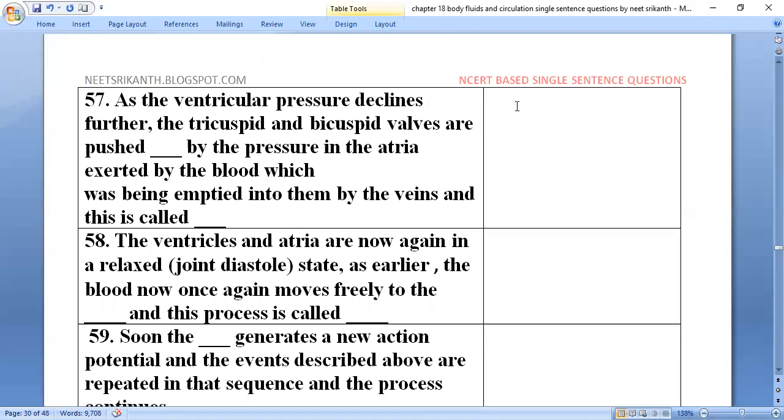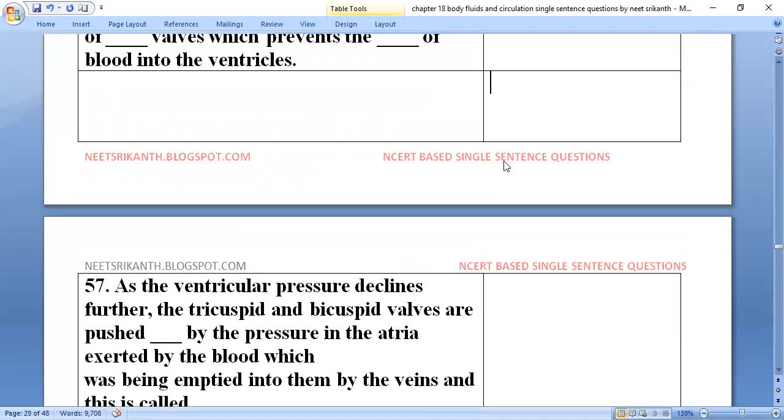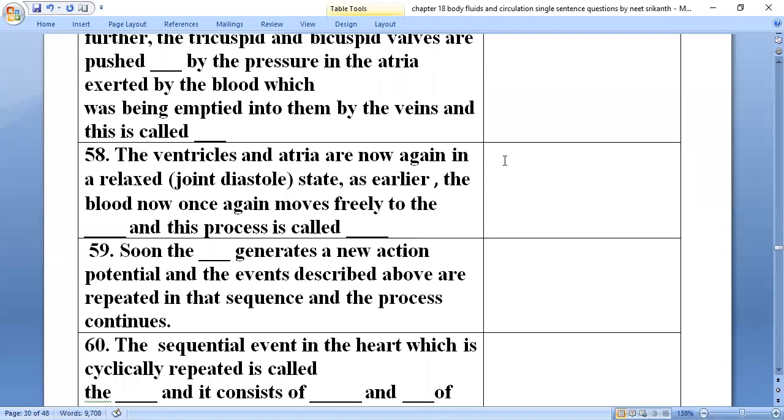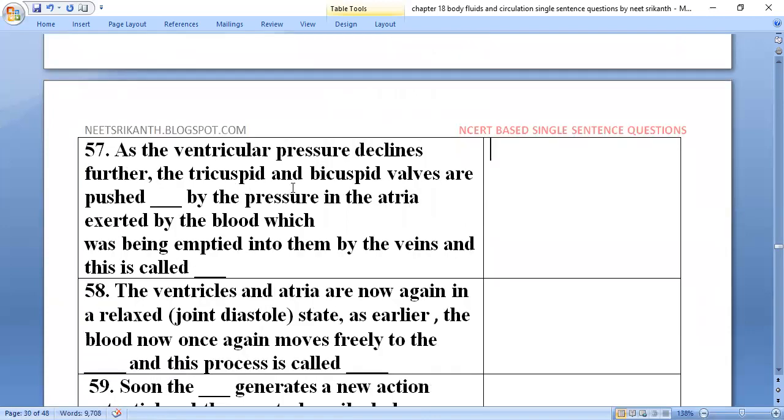As the ventricular pressure declines further, the tricuspid and bicuspid valves are pushed open by the pressure in the atria exerted by the blood which was being emptied into them by the veins, and this is called passive filling.